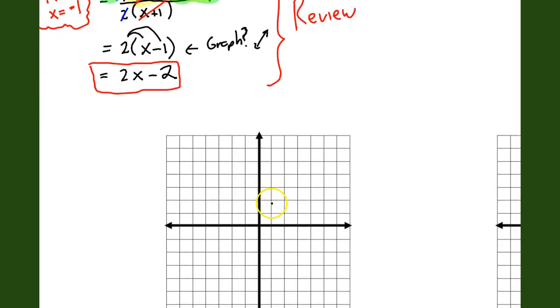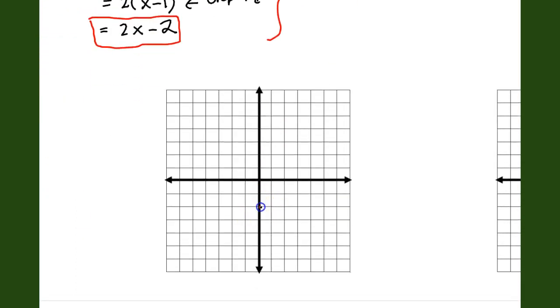So just go down here, go to -2, up 2/1. That'll give us a graph. All right. And what is missing from the graph right now?